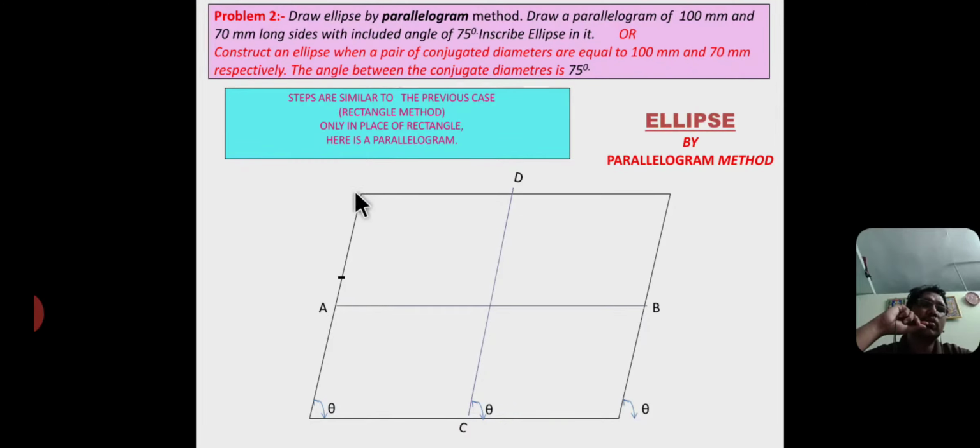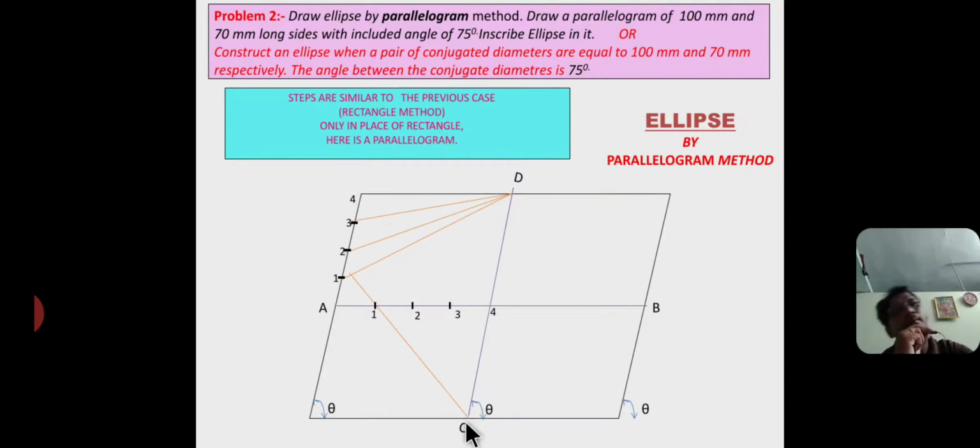Repeat the same procedure for this portion. Now divide this vertical line into some equal parts, say 4 parts: 1 2 3 4, and divide this horizontal line into the same number of equal parts, 1 2 3 4, and join these vertical points to the upper portion of the minor axis, and join these bottom points to the lower portion of the minor axis point.